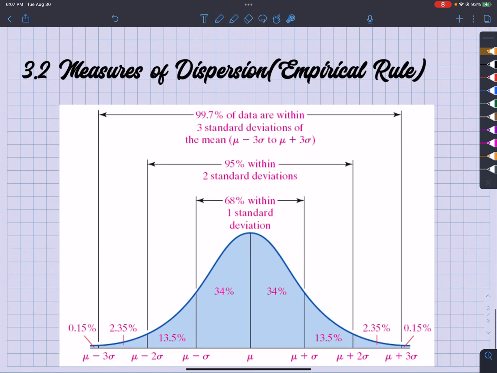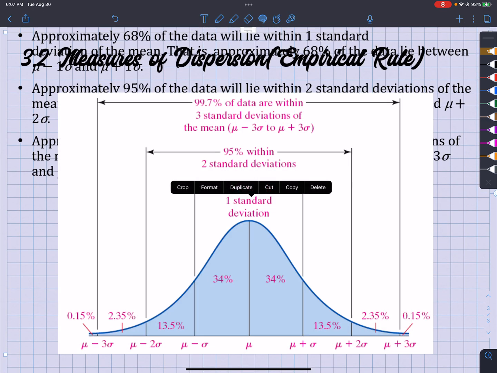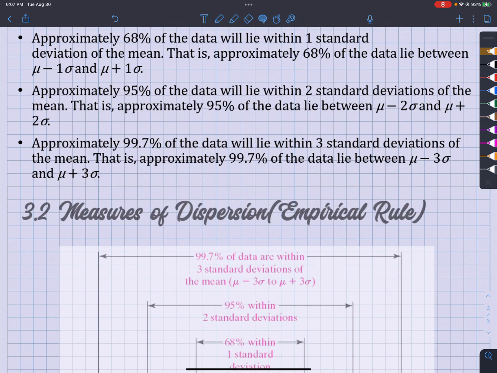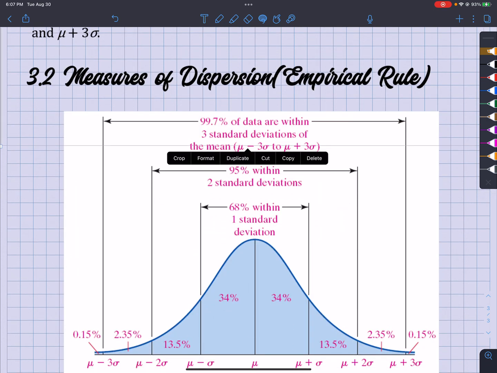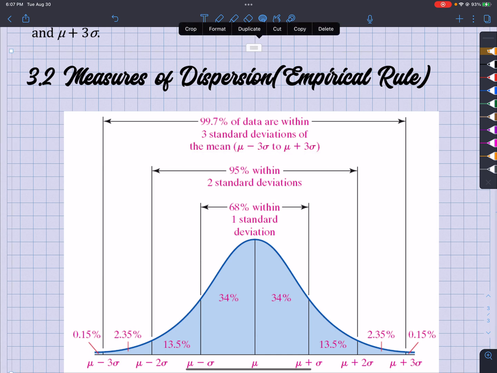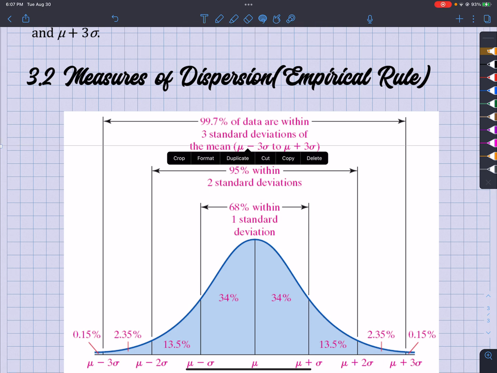So this is much better, right? I prefer the picture form for sure over the so-called word form. All right, so let's take a look.